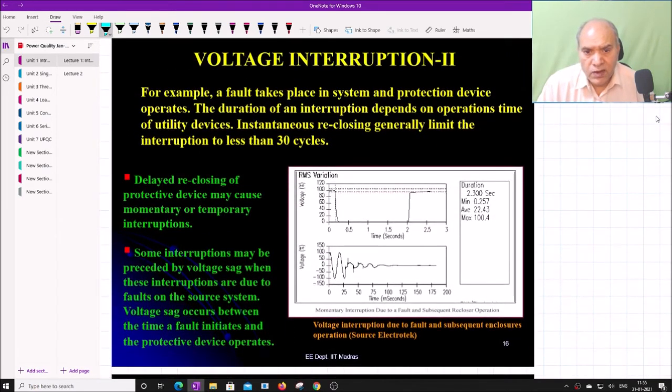Now this is an example of the voltage interruption here. You can see for almost 30 cycles it was off, from here to here, and this is in terms of the timing diagram. So for about 2.3 seconds the voltage was close to 0.